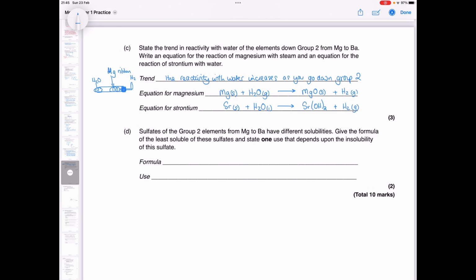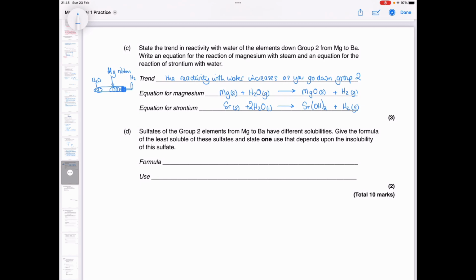And we just need to balance this now, so the number of waters that's needed to make strontium hydroxide is 2, and that will balance that equation correctly.